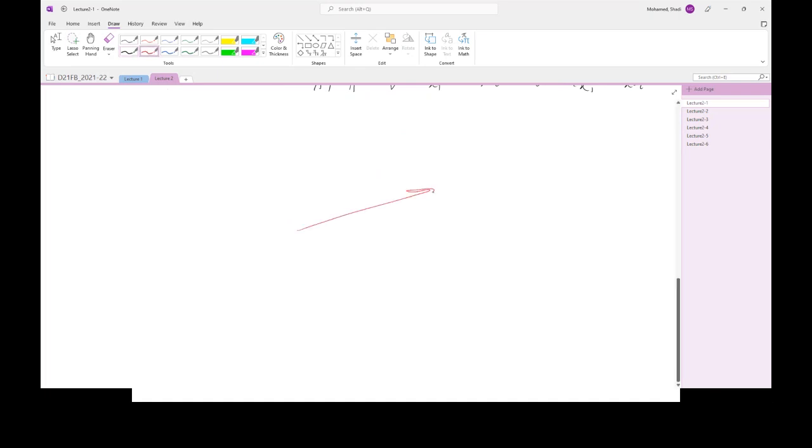Now, if this vector here, f, exists in a 3-dimensional space, x1, x2, and x3, then in this case, the components are going to be fx1, fx2, and fx3. So you have one extra component.